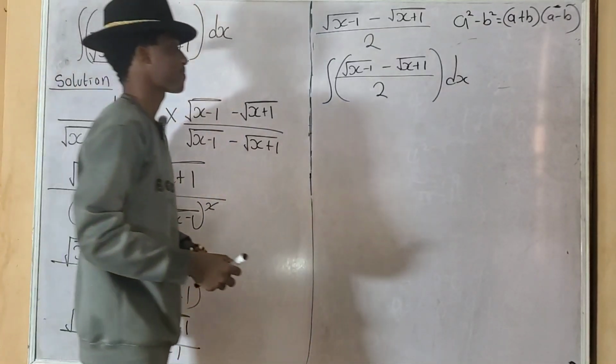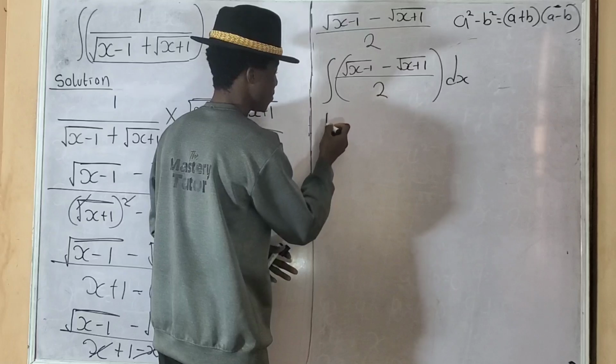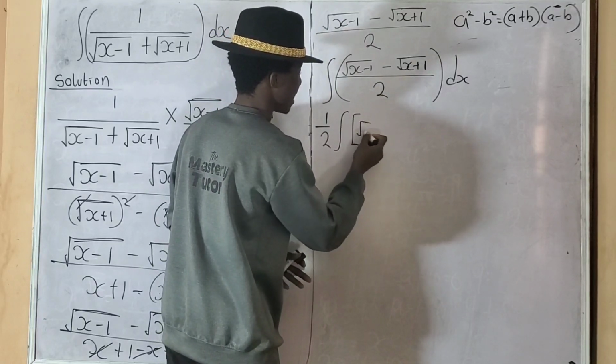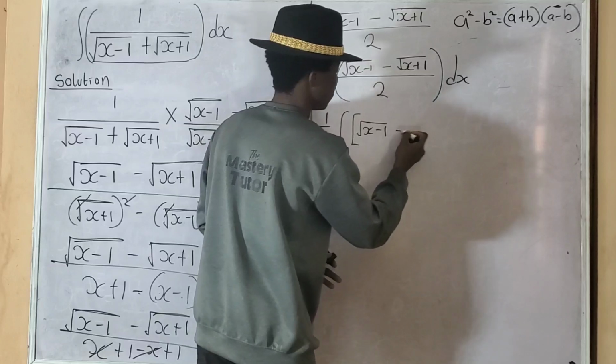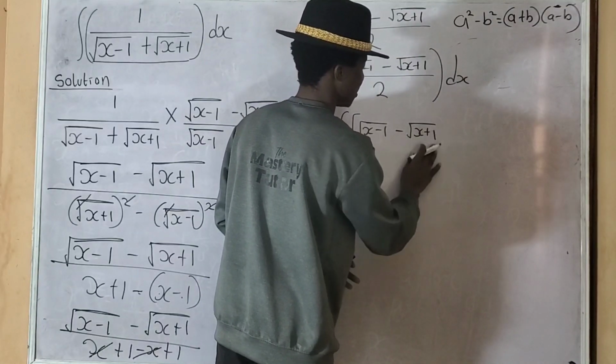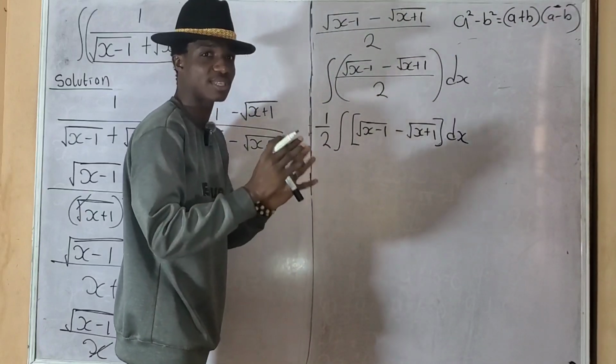So now, let us start our integration. Here, I'm going to have 1 over 2 integral sign of root of x minus 1 minus root of x plus 1 dx. Now let us deal with it step by step.